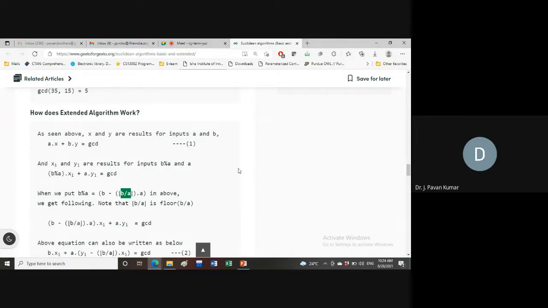It is 2. If you need to consider the ceiling, 2.3 should be considered as 3. Understand the trick here? What is the floor of 2.3? 2. What is the ceiling of 2.3? It is 3. Got it?